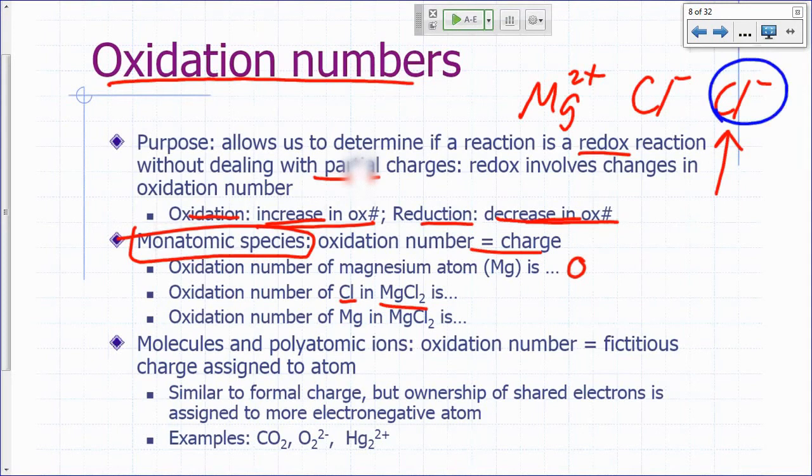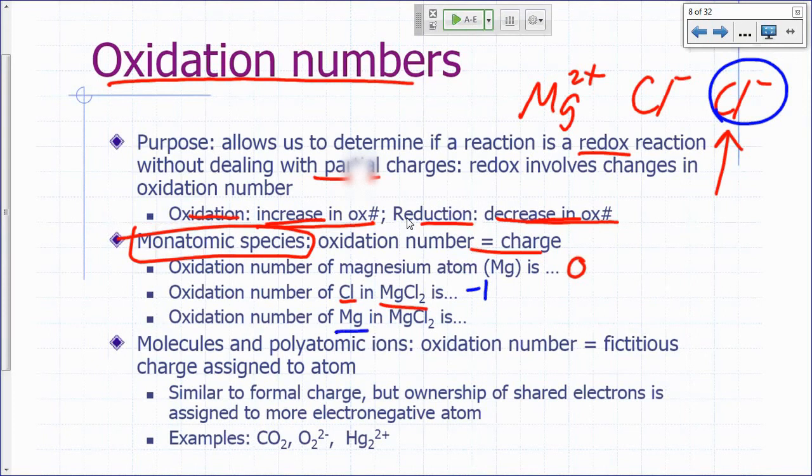So the oxidation number of Cl, or chlorine, in MgCl2 is -1. There are 2 of them, but each chlorine has a charge of -1.